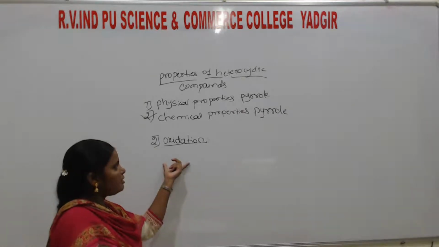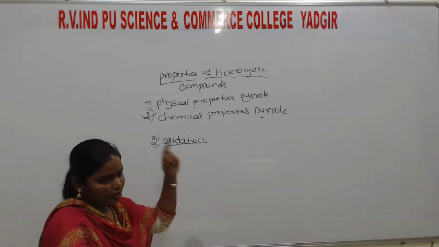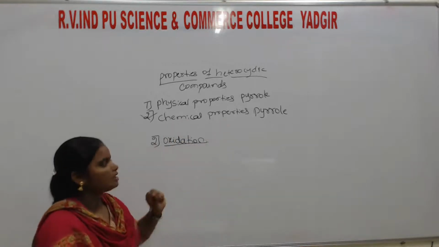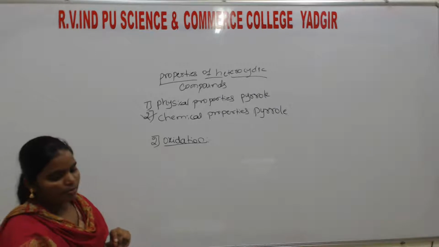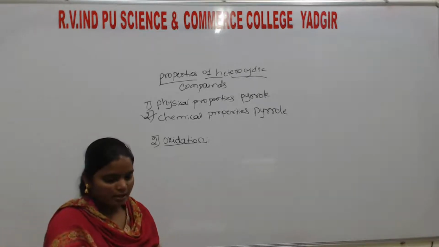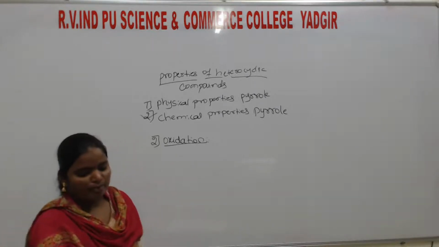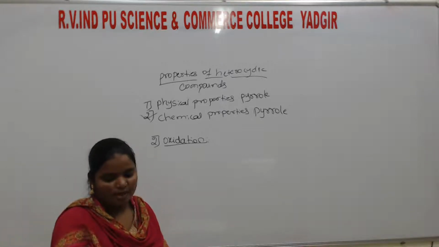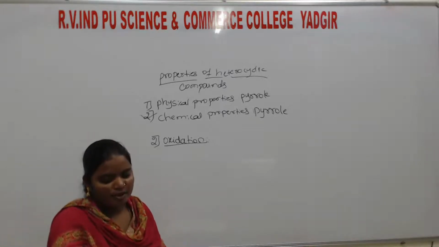Using pyrrole is compulsory here. In the preparation of pyrrole, it is used in a chemical reaction, that is our chemical property. Here, pyrrole is oxidized to maleimide by chromium trioxide.